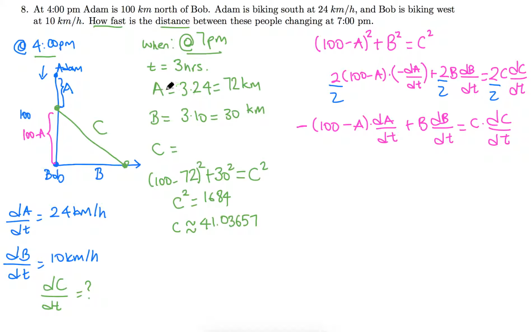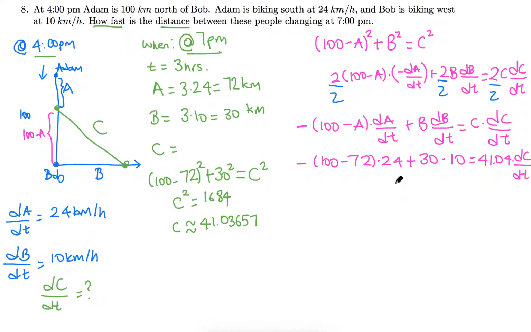And we're just going to plug in the information we have. Negative (100 minus A, that's 72) times dA over dt is 24, plus B, that is 30, times dB over dt is 10, equals C, 41.03, let's say 04 after I round off, times dc over dt.